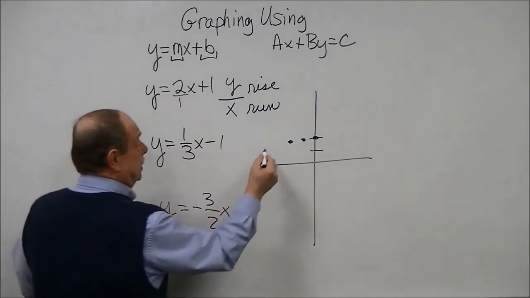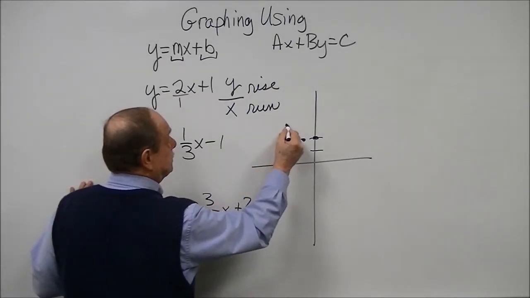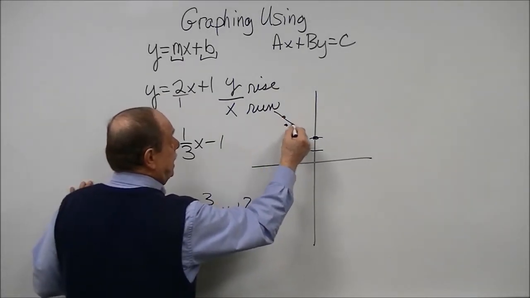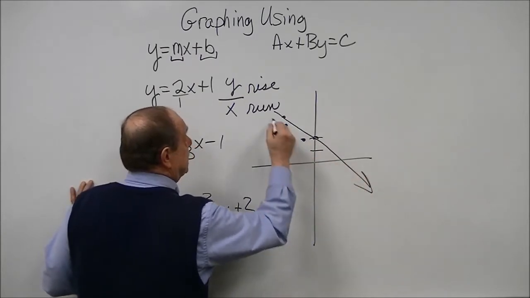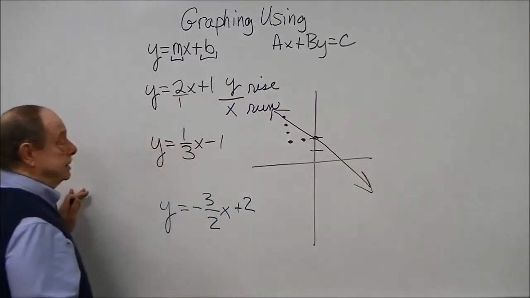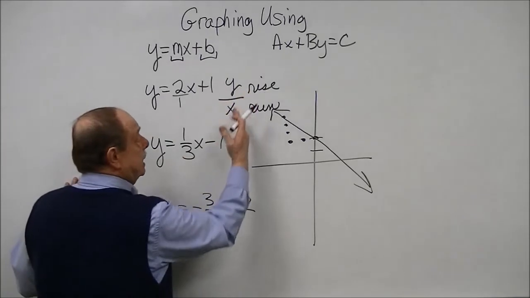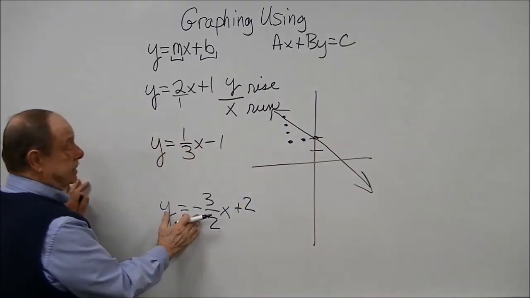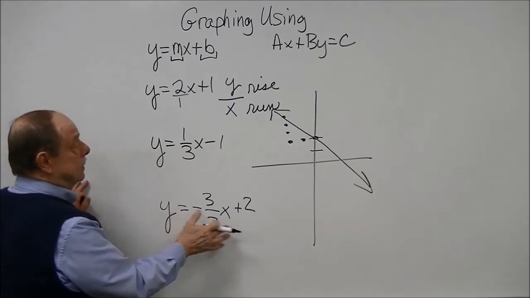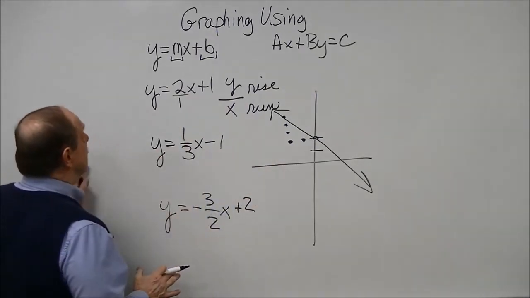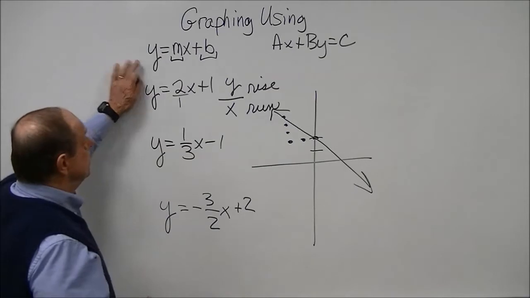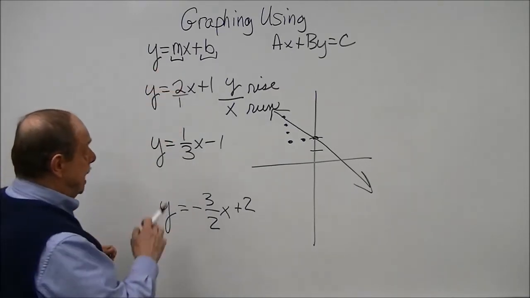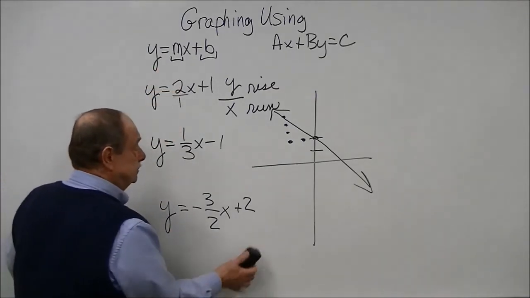And then now up 3. And then that would be your line. And since we see it's starting high, as you go to the right, it goes down, that indicates negative slope. So there's a quick review of using slope-intercept form to graph equations.